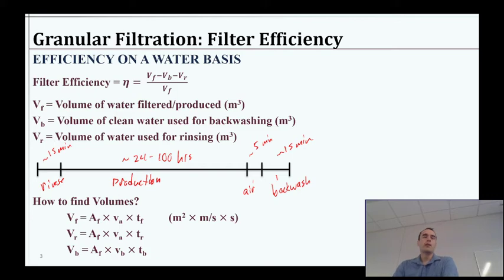All of that is divided by the total volume filtered. This will give us our filter efficiency, meaning what percent of the water that we are giving to this filter is actually coming out as usable clean water. So it's a water efficiency basis.